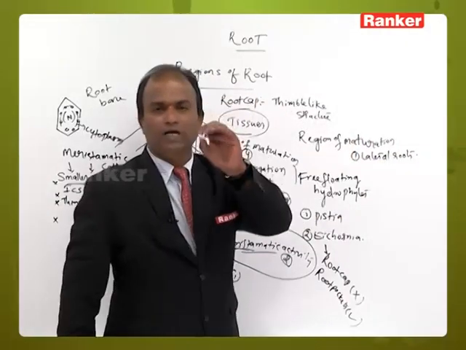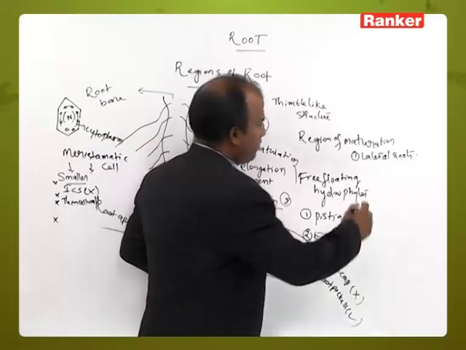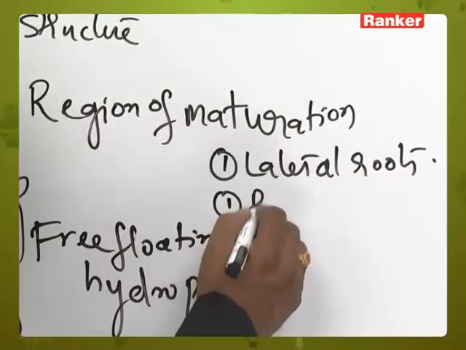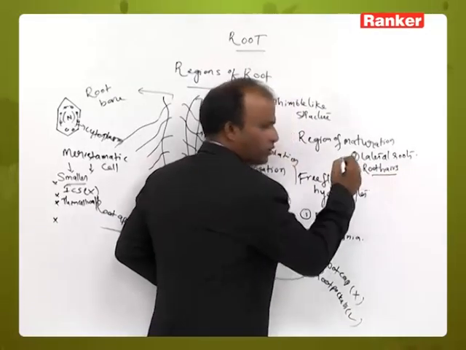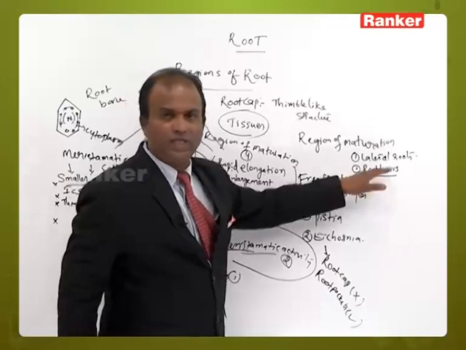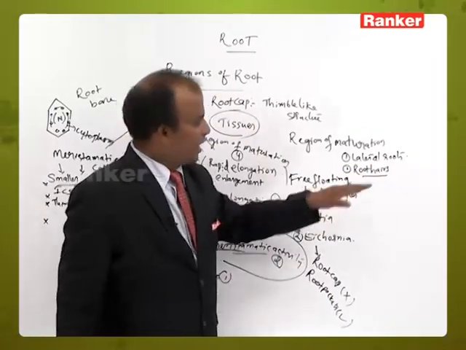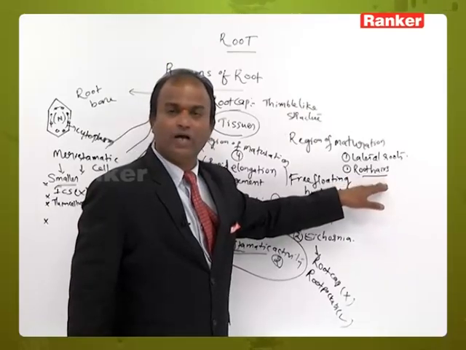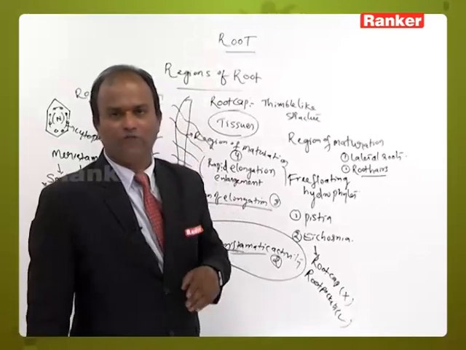They are multicellular and develop endogenously. It also shows root hairs. Are root hairs unicellular or multicellular? They are unicellular. And are they ephemeral or perennial? Ephemeral in mesophytes, perennial in xerophytes.